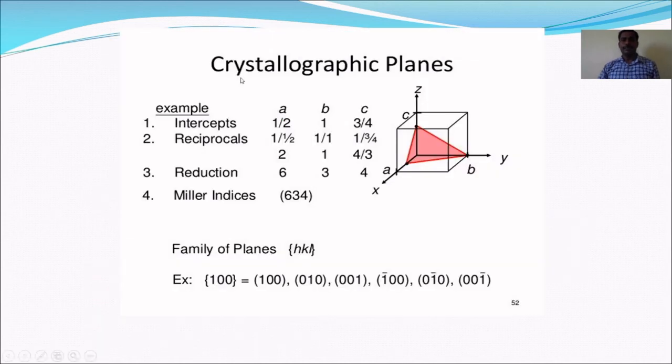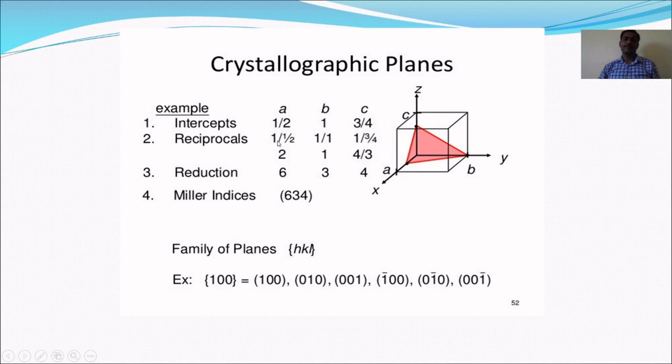Second example, another crystallographic plane. This cuts the x-axis at a having distance 1 upon 2, the y-axis at b having intercept 1, and at c along the z-axis having intercept 3 by 4.